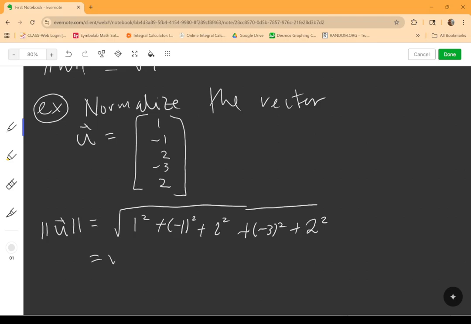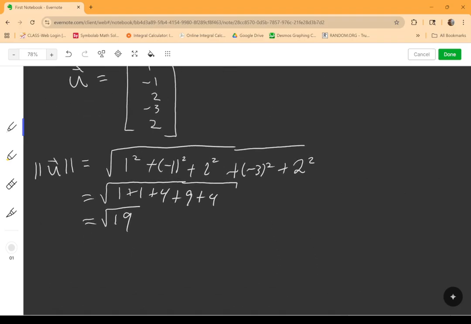That gives me 1 plus 1 plus 4 plus 9 plus 4, so we get the square root of 19. Again, not of length 1, but that's okay.